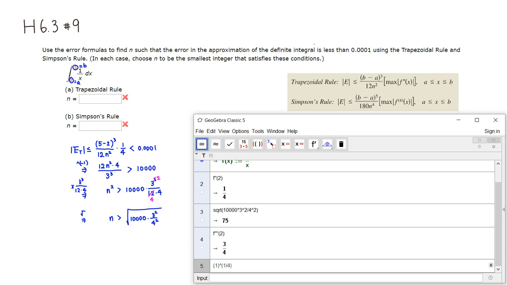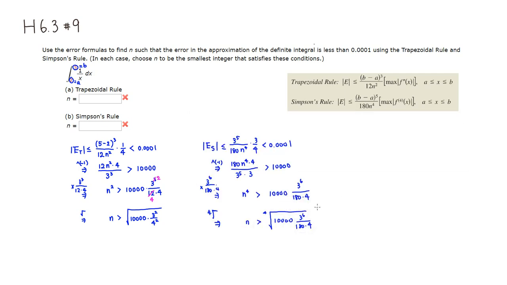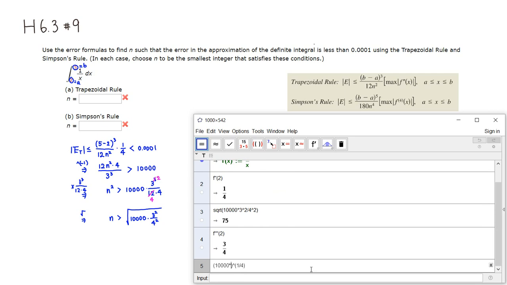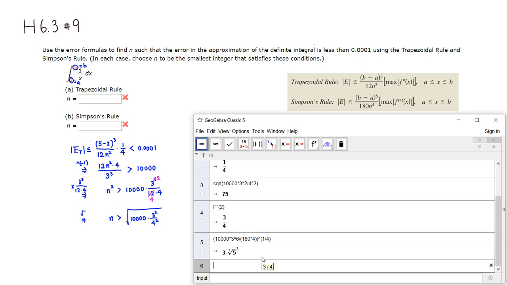So we have 10,000 times 3 to the 6th power divided by 180 times 4. Then hit enter.